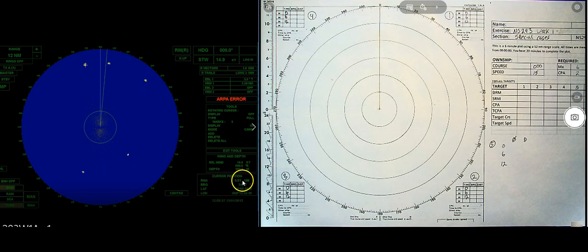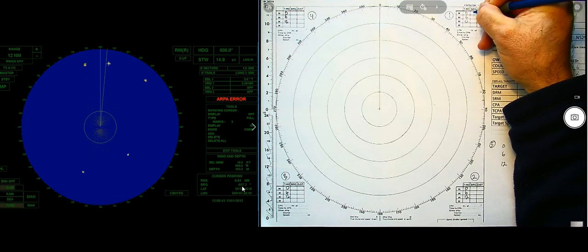Now that I've got them marked, I'm going to go back and pull the range and bearing for each of those marks off of the radar. I can do that now a little bit at my leisure. All right, here we go. It looks like that is 9.84. I could say that's 9.8, and the bearing seems to be 007.